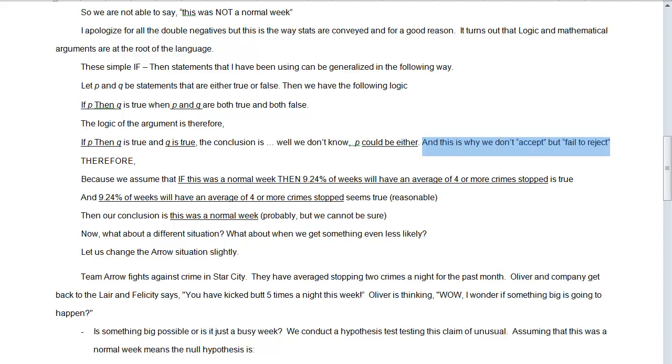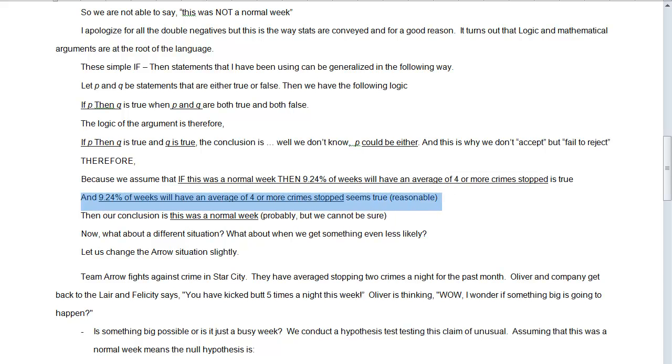Right? Because we assume that if this week was normal, then 9.24% of weeks will have an average of 4 crimes or more. We're assuming that that's true. And the 9.24% of weeks that have an average of 4 or more crimes stopped actually seems pretty reasonable.